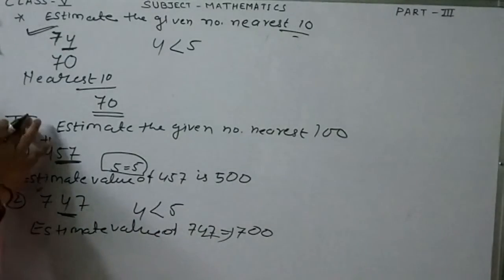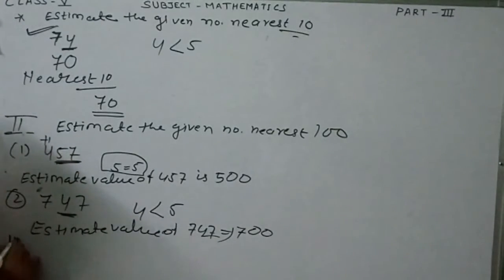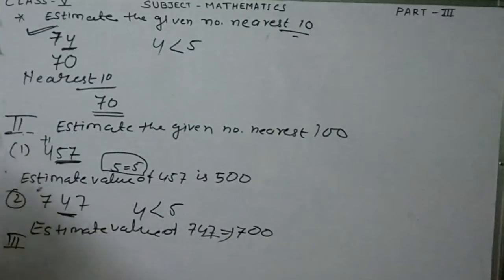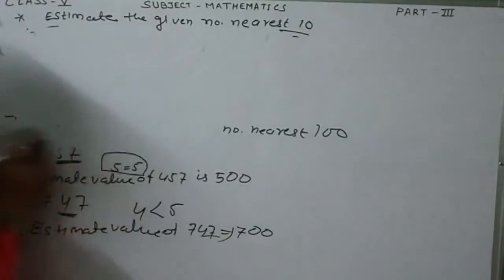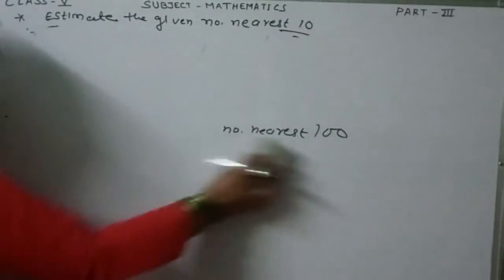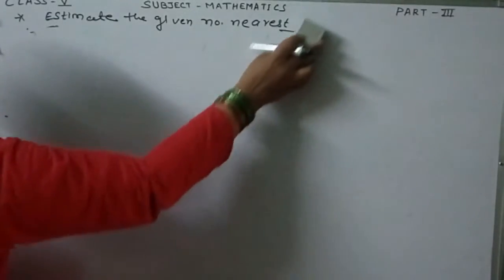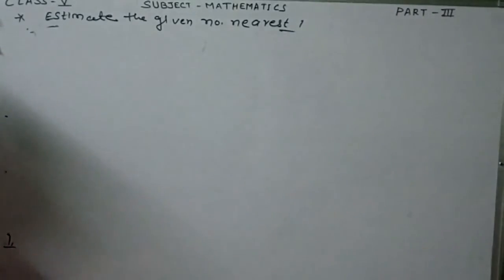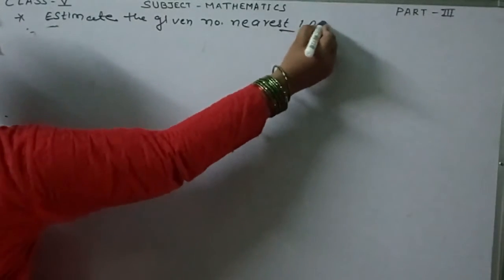The next question is the third one: estimate the given number to the nearest 1000.